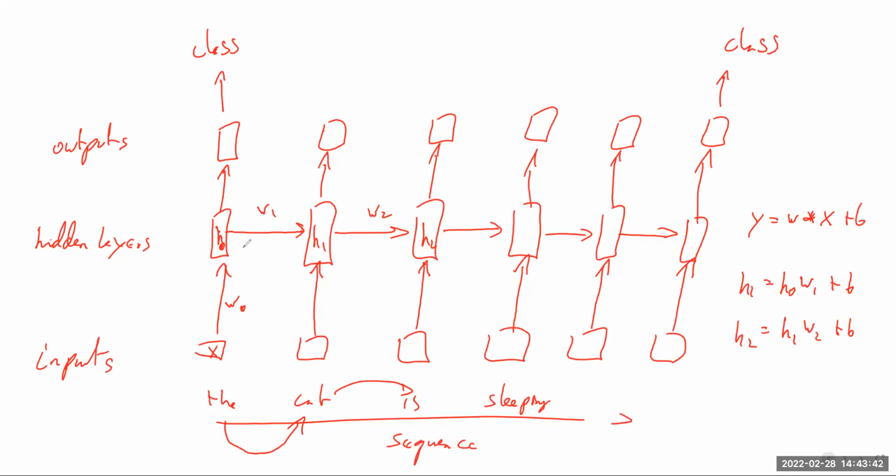So what can happen, inside here, you also have other hidden layers possibly, right? And so what can happen is there's a classic problem in RNNs called the vanishing gradients problem. And what that means is basically, think about this problem.